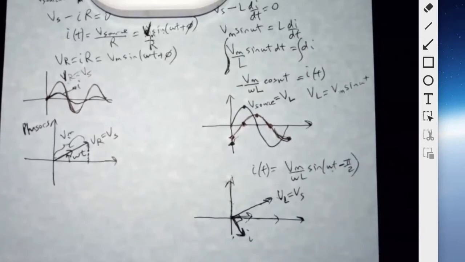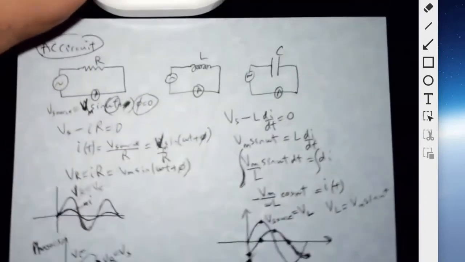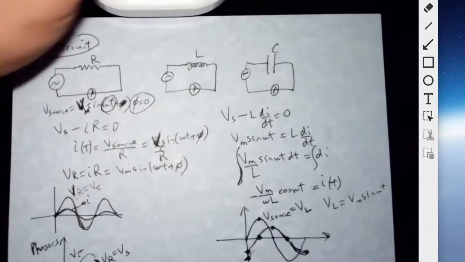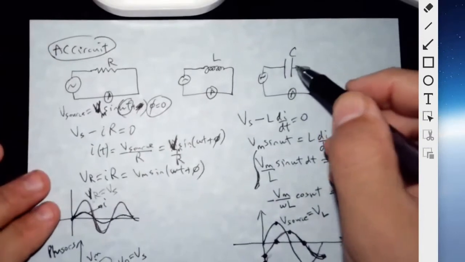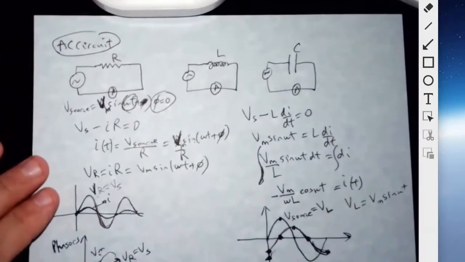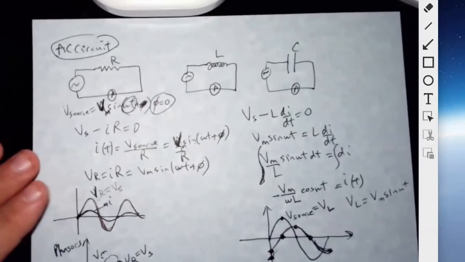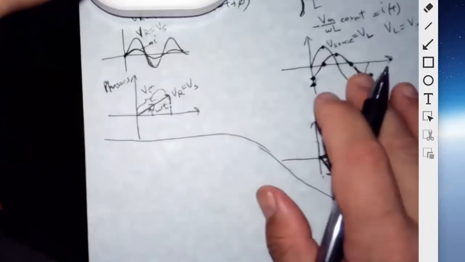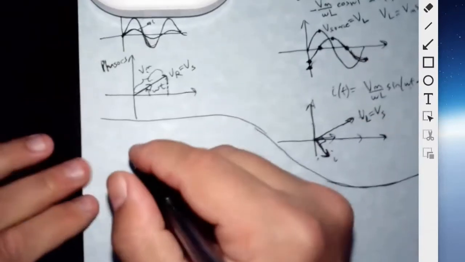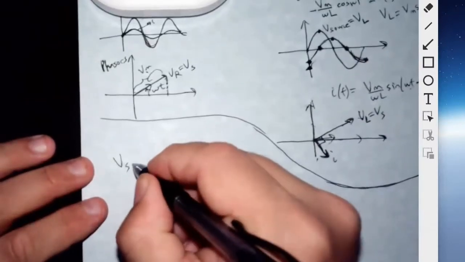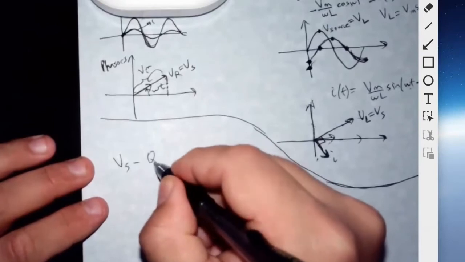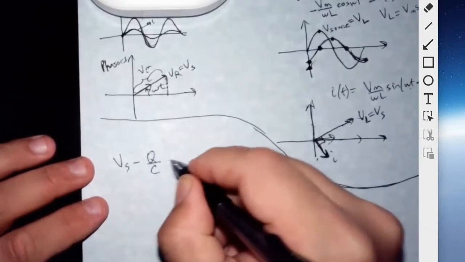Okay, now we do the resistor. Oh, I mean, not resistor, capacitor. So with the capacitor, you're going to get V source minus Q over C is equal to 0.